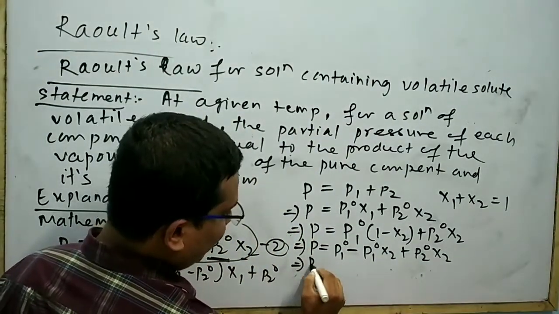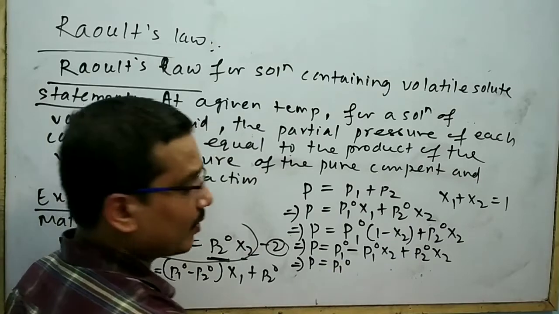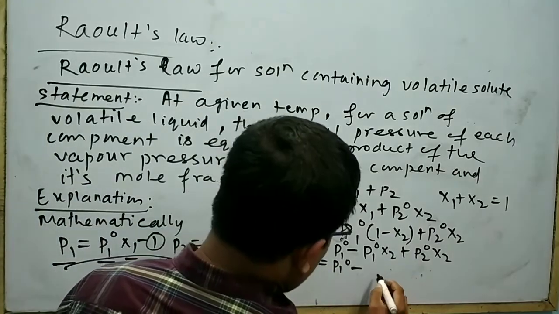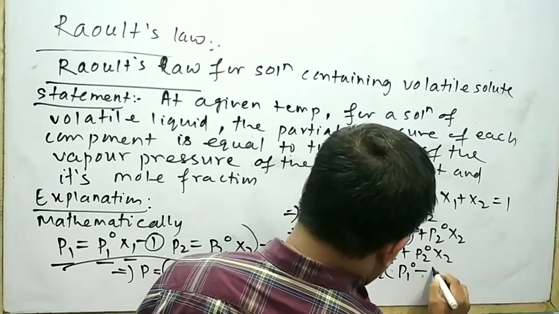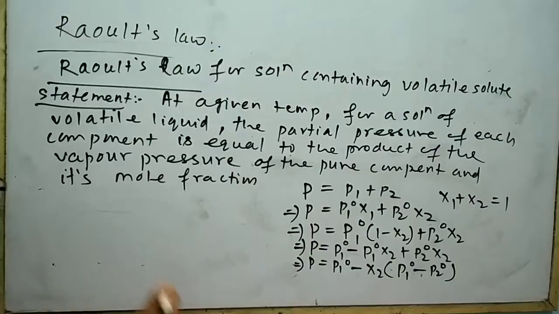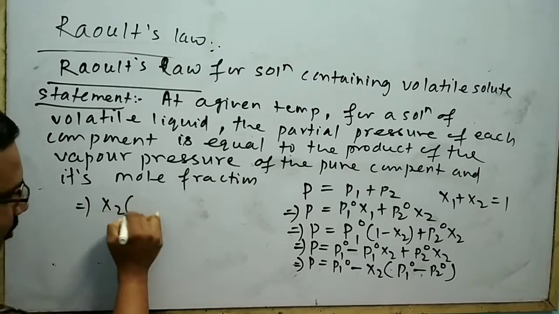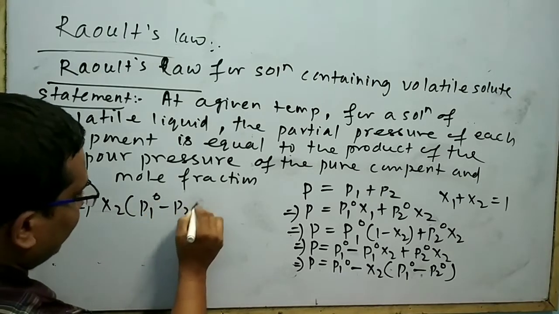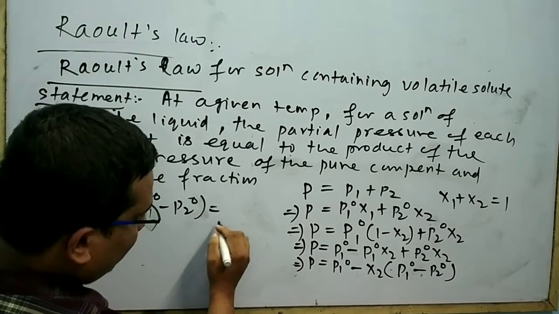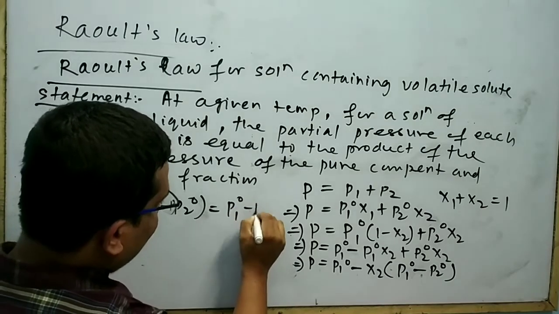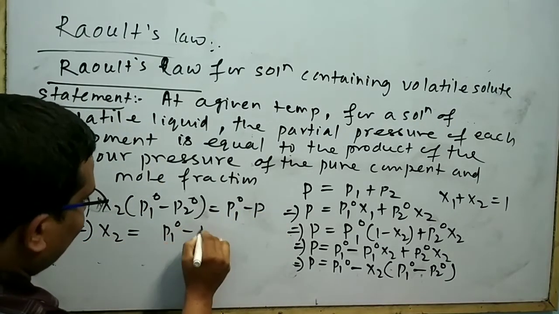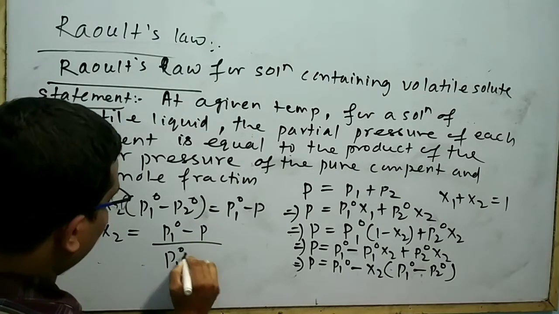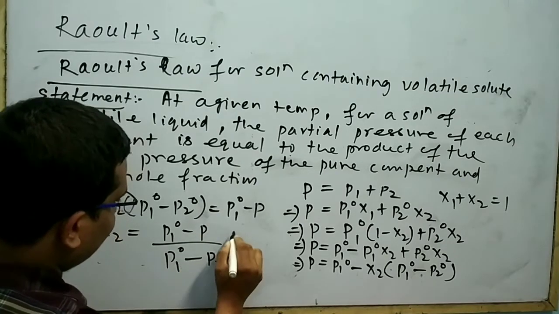Next P equals P1⁰ minus x2 times (P1⁰ minus P2⁰). Now x2 into (P1⁰ minus P2⁰) equals P1⁰ minus P. Simply, x2 equals (P1⁰ minus P) divided by (P1⁰ minus P2⁰).